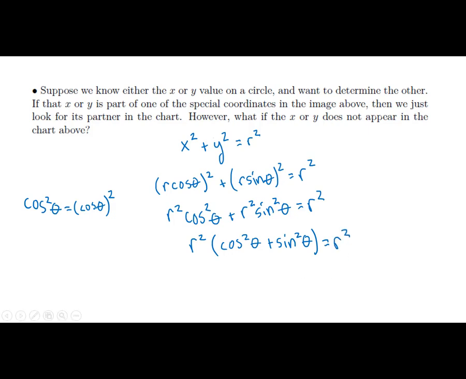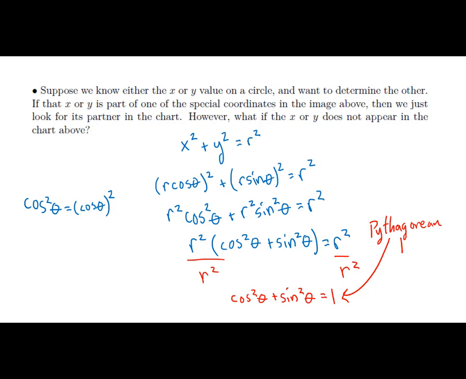And so at that point, I can easily see that if I divide both sides of this equation by r squared, I end up with the formula cosine squared theta plus sine squared theta is equal to 1. So this formula here is known as the Pythagorean identity.